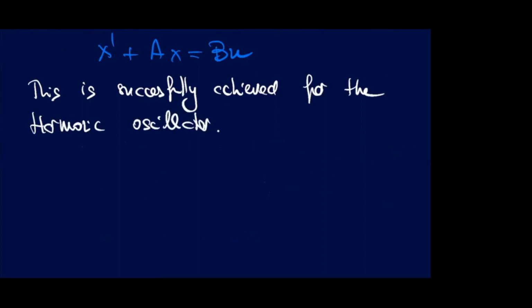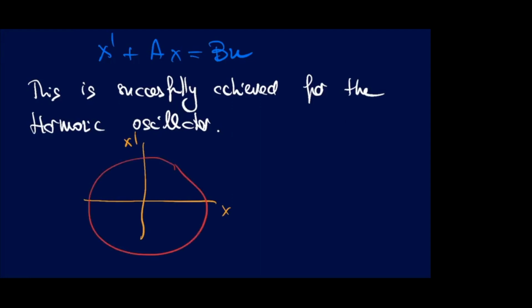Because what is the harmonic oscillator doing, right? If you draw the trajectories on the phase space, we know that for the harmonic oscillator the energy is conserved, so the trajectories are trapped on a level set, but they are rotating, right? So we are in principle only dissipating on the vertical component. We are pushing down only with the velocity x prime. But we are doing it all the time.